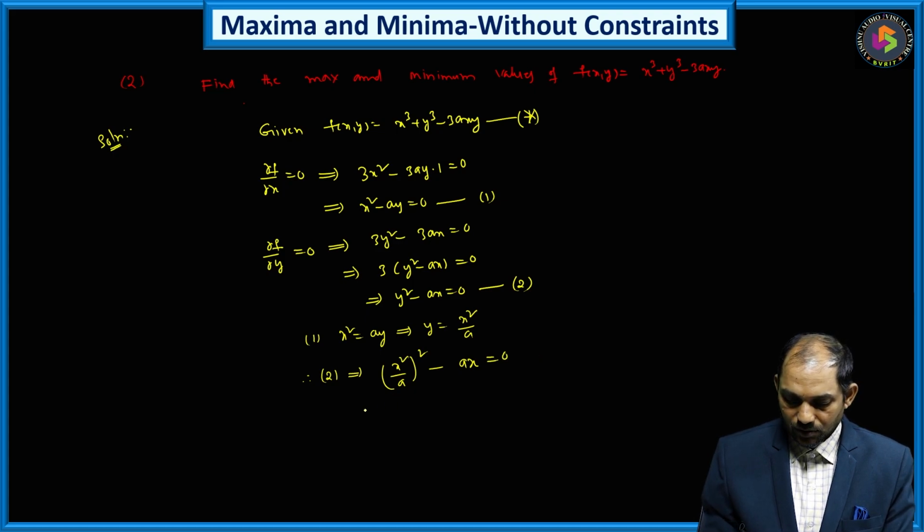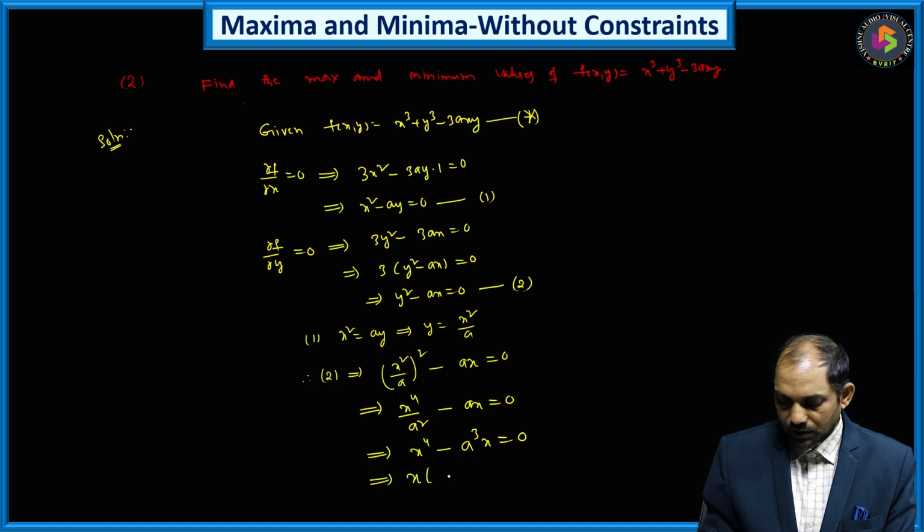On simplification you are going to have x power 4 by a square minus ax is equal to 0. If you take LCM, you have x power 4 minus a cube x is equal to 0. Again, if you take x common, it remains x cube minus a cube is equal to 0.